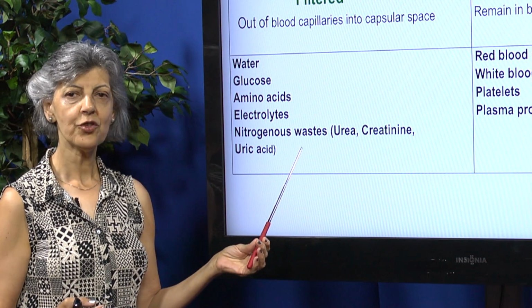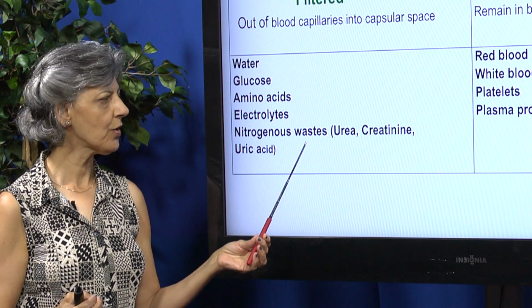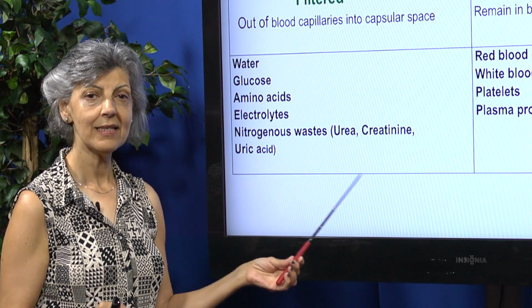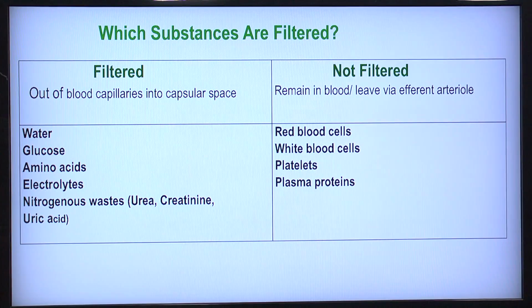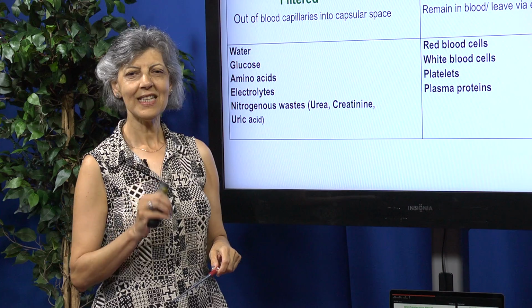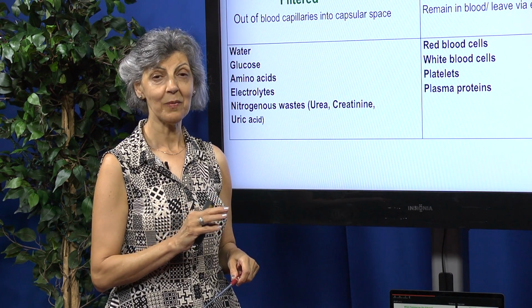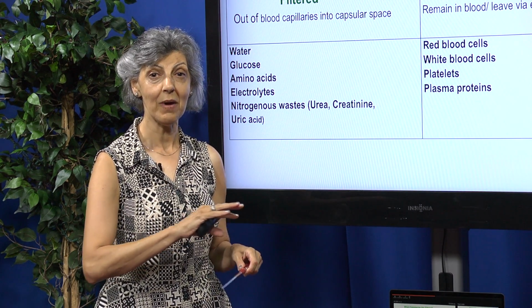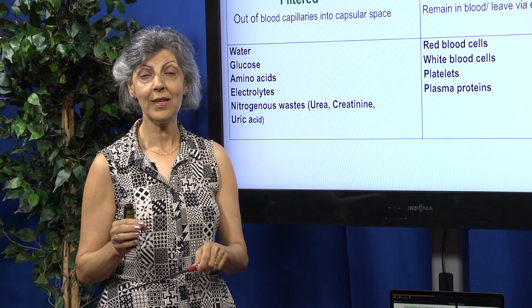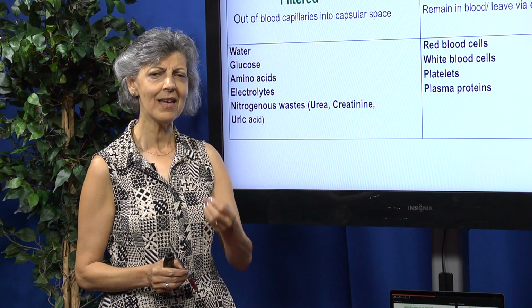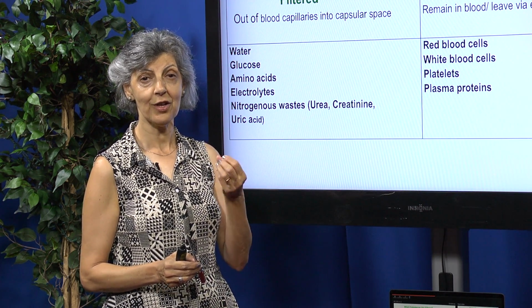And nitrogenous waste. Specifically, we're talking about urea, creatinine, and uric acid. Now let me remind you, these are wastes, which means we do not want them to remain in the blood. We actually want to take them out and lose them in the urine. And this is one of the main functions of glomerular filtration.